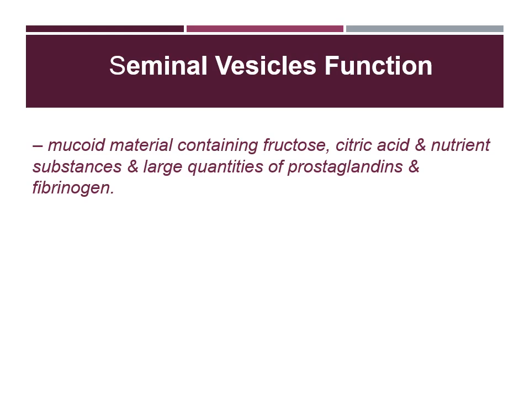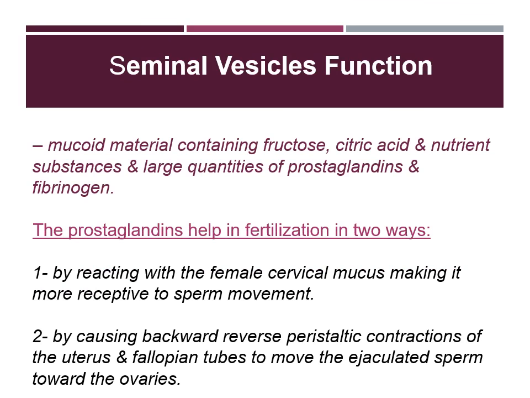It is acidic because of the citric acid, and it contains fibrinogen that is necessary for coagulation, and coagulation aids in the movement of sperms and semen in the female genitalia.